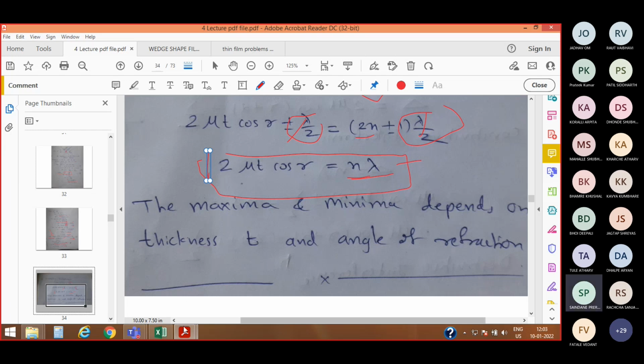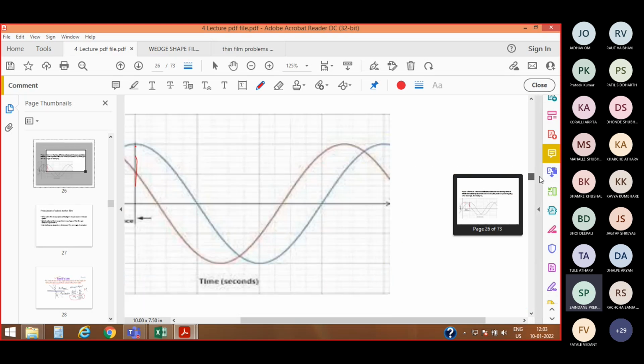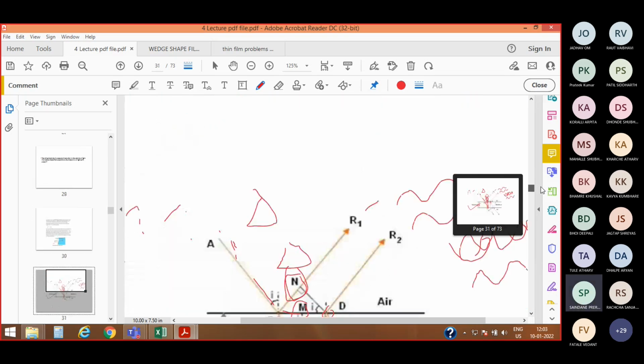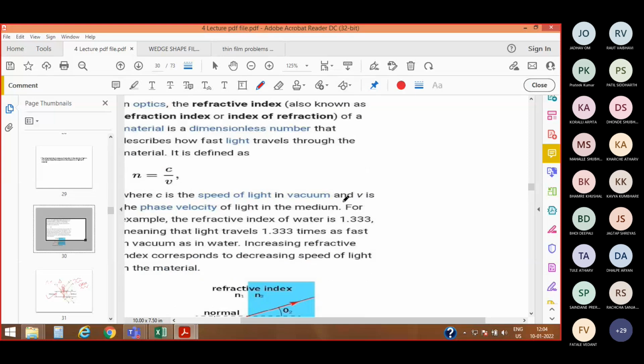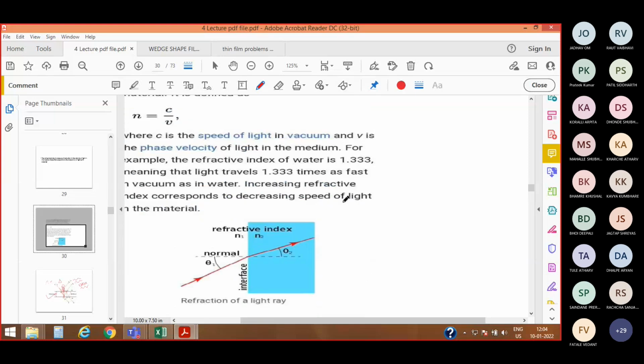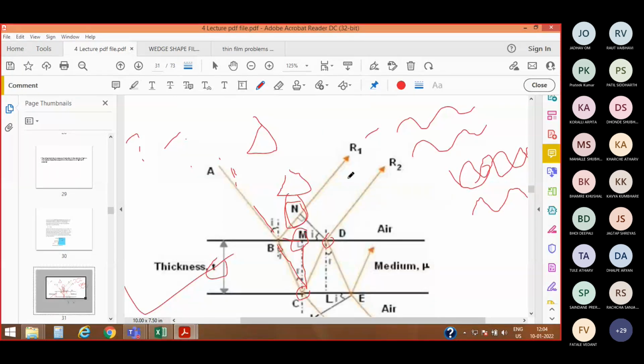In the above diagram, which produces the maxima and minima? Maxima is this and minima is this. Maxima कब होगा? When there is constructive interference.